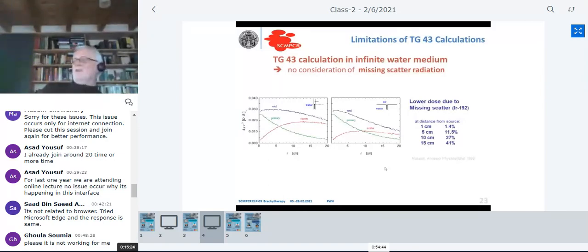But you have to keep in mind that in brachytherapy you are always applying your dose close to the source, so you will hardly ever be farther away than 5 centimeters. For one source you have a difference of 11%, but you're not doing your dose calculation with only one source at 5 centimeters. You have many more sources which are at shorter distances.